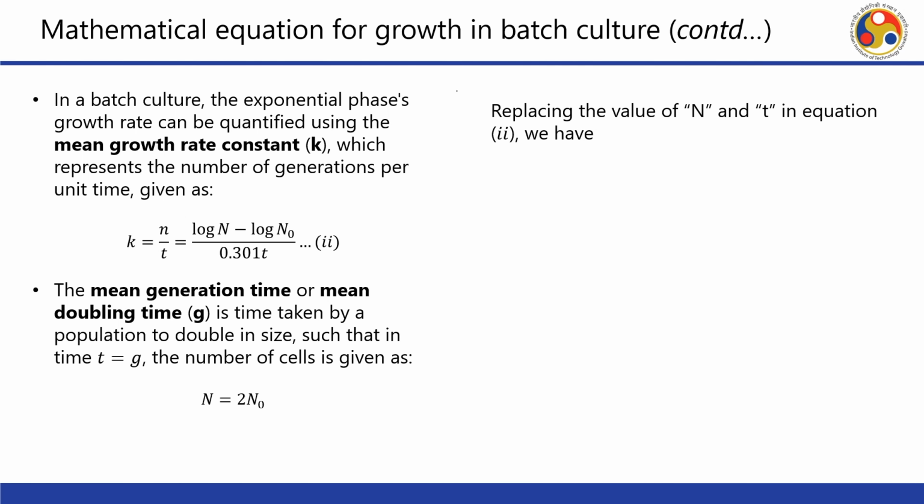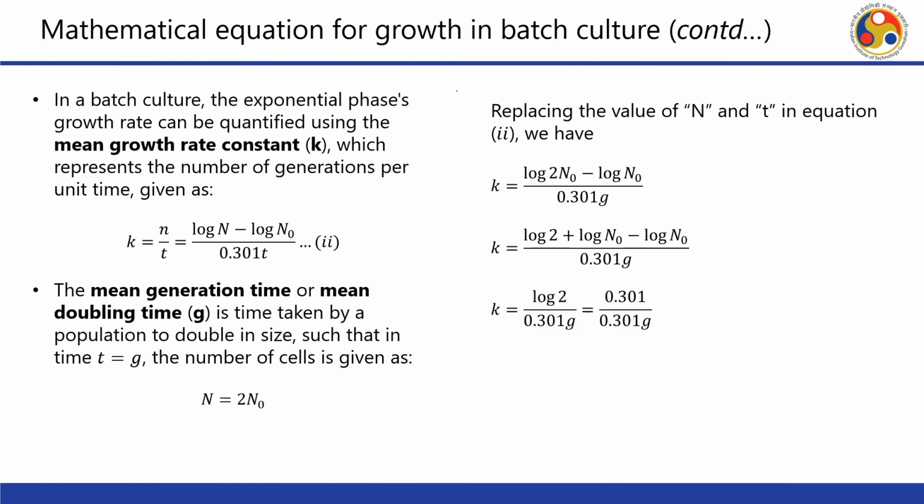By replacing the values of N and t in equation number 2, we have k is equal to log 2 N naught minus log N naught divided by 0.301 g, where t is replaced by g. Further simplification gives k is equal to 0.301 divided by 0.301 g, or finally k is actually 1 by g.